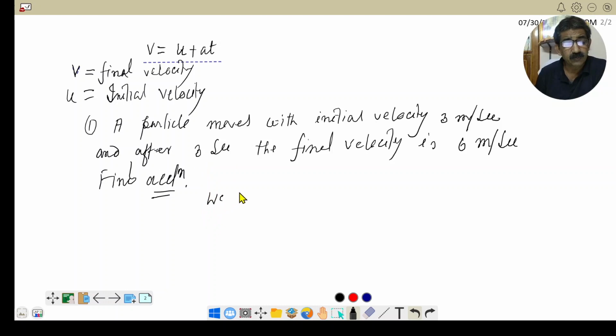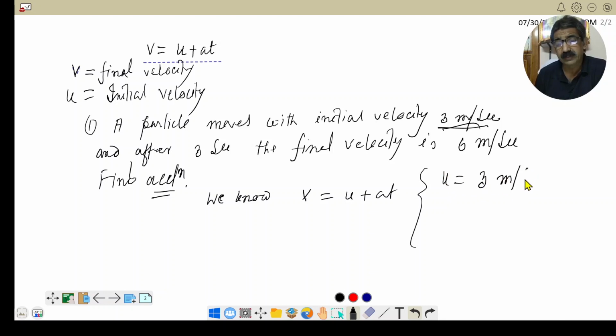We know V is equal to U plus AT. From this problem, this is initial velocity U. So at first you must write this. U is equal to 3 meter per second. V is equal to 6 meter per second. And time T is equal to 3 seconds.